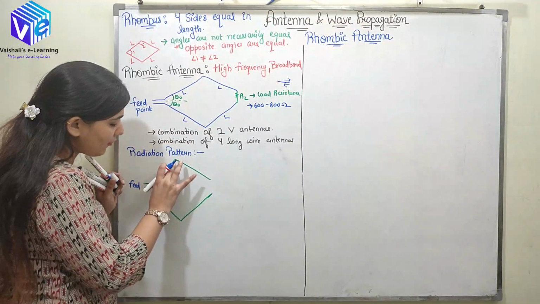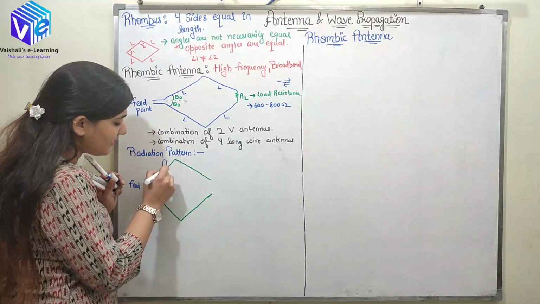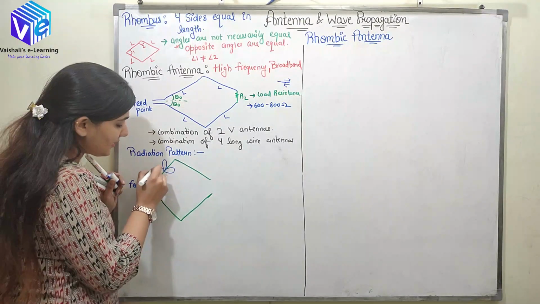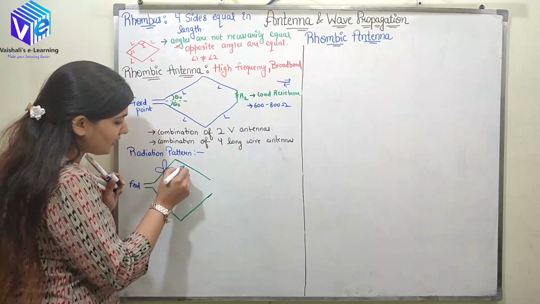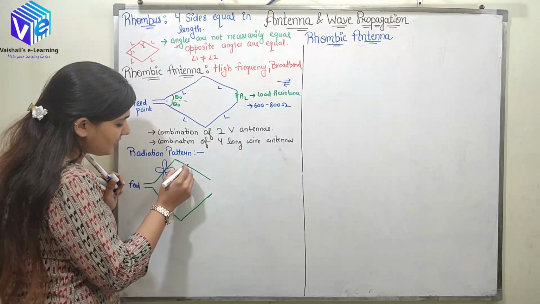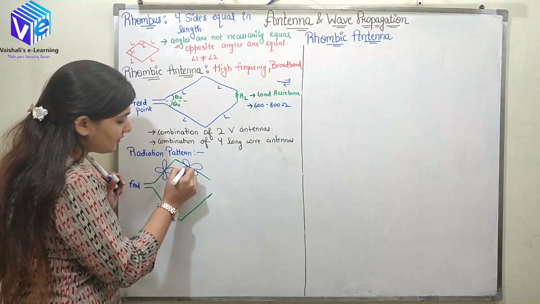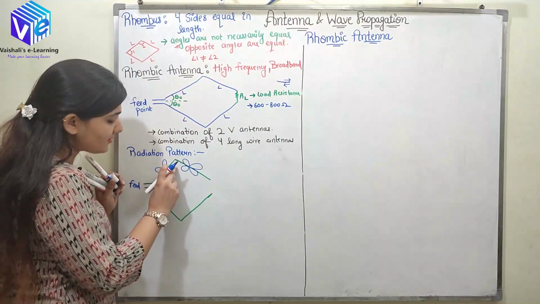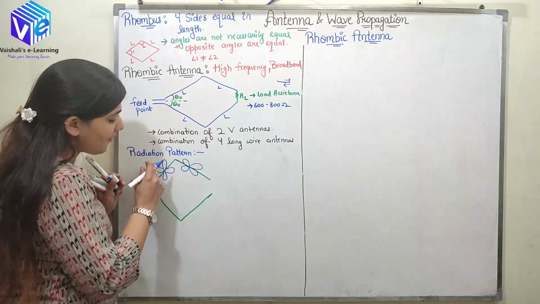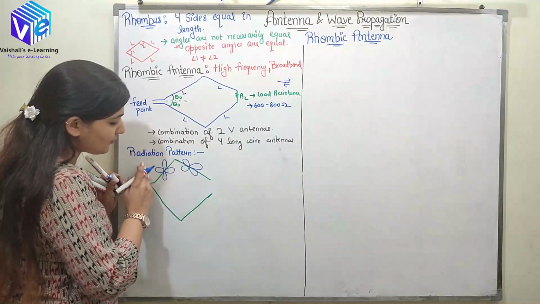So this is my long wire antenna. I hope you remember the radiation pattern of a long wire antenna. So it looked like this. Similarly, the radiation pattern of this long wire antenna looked like this. Because it is non-terminating, it has a major lobe in the front as well as the back side.